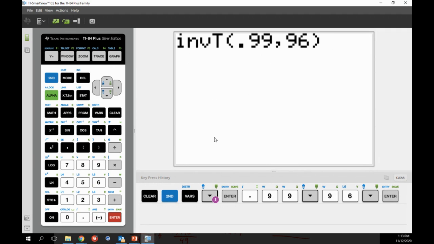So inverse t, 0.99 and 96 are our parameters for this function. Wait, how do we know the area? Well, we have a 98% confidence interval, right? How much does that leave us for each tail to be left?